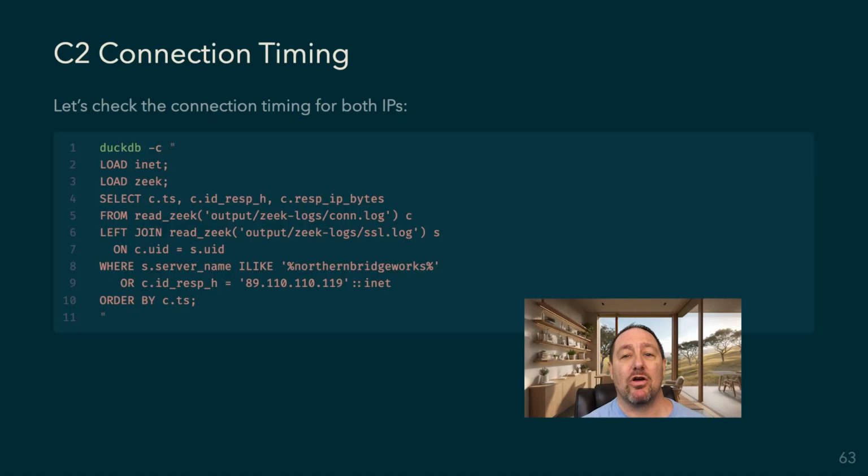We joined the conn log with the SSL log to get the Northern Bridge Works connection by domain. We also include the 89 IP address, the unnamed C2 IP address, because we confirmed it has no SSL. Using this query, I'm going to show you the results on the next slide.